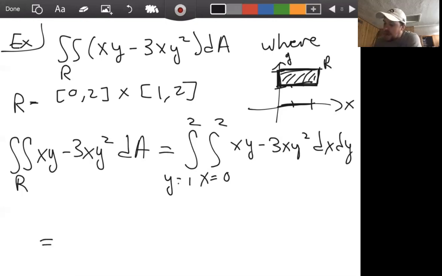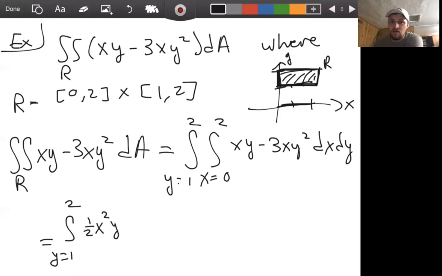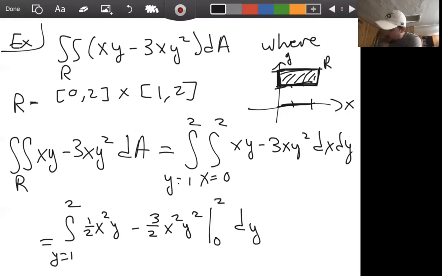So how do we integrate xy while treating y as a constant? Well, we have the integral from y equals 1 to 2. If we integrate with respect to x, in the first term we're going to get 1/2 x squared y, because the constant's along for the ride when you integrate. And then we have 3xy squared here. When we integrate this with respect to x, 3y squared is all a constant, so this is going to be 3/2 x squared y squared. And we're evaluating this at 2 and 0, and then dy.